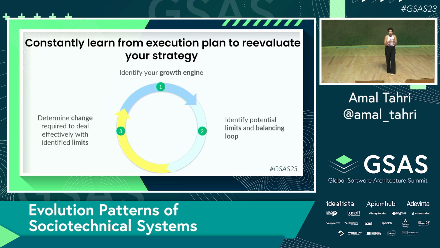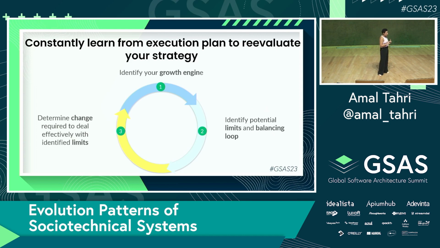What's the thing that's going to differentiate me from the others as a company? The second step is to identify the limits, or maybe the things that are balancing this willingness to grow. And the third step is to determine the change that you need to make, and repeat. That's the cycle of learning.